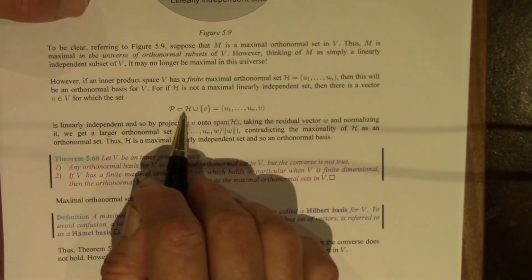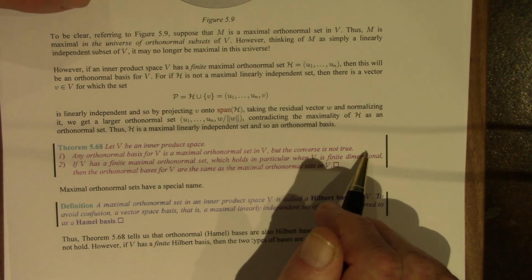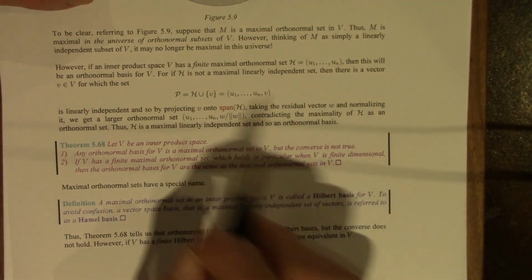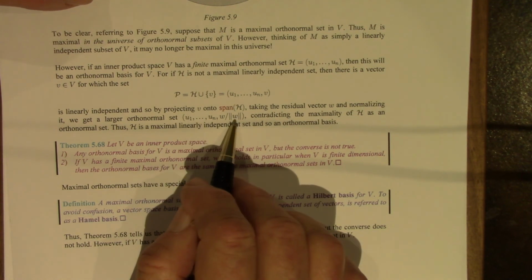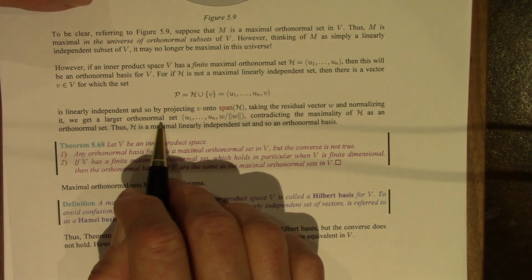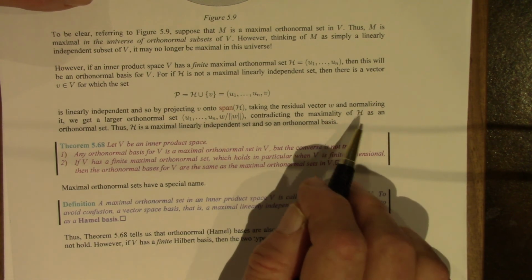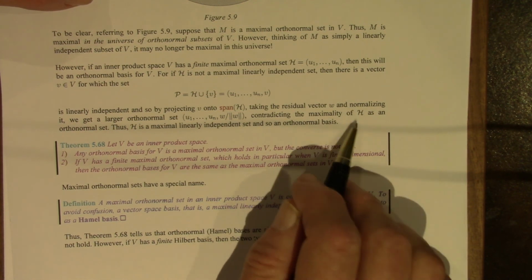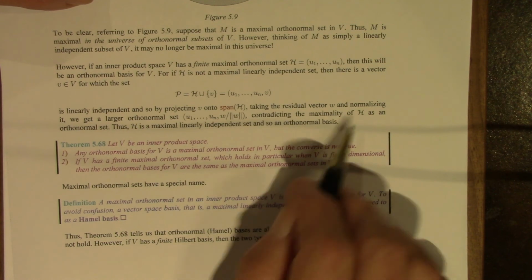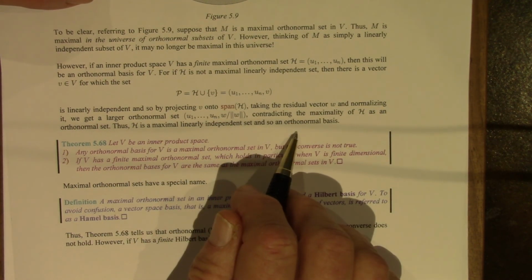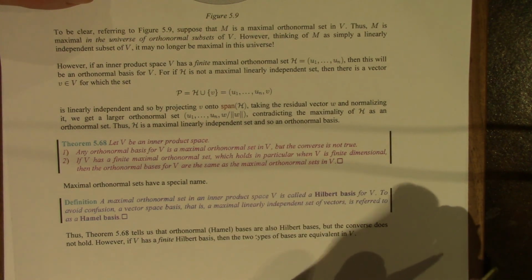It's linearly independent by assumption. We normalize, we end up with a strictly larger orthonormal set. That contradicts the maximality of H as an orthonormal set. So H is also a maximal linearly independent set. Okay.